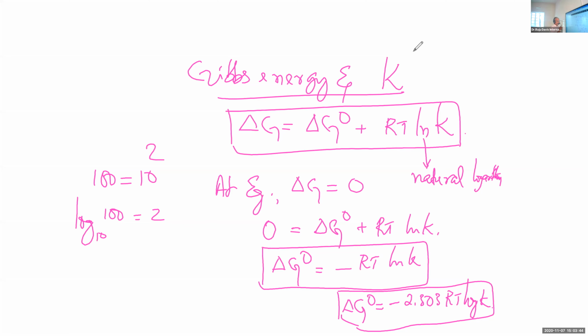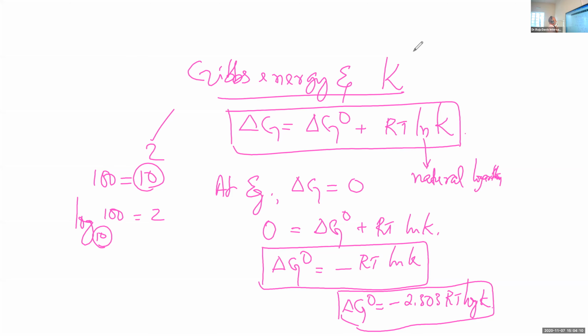What is the meaning of this? The logarithm of a number to a given base is the power to which the base is raised to get the number. That is the definition of the logarithm.